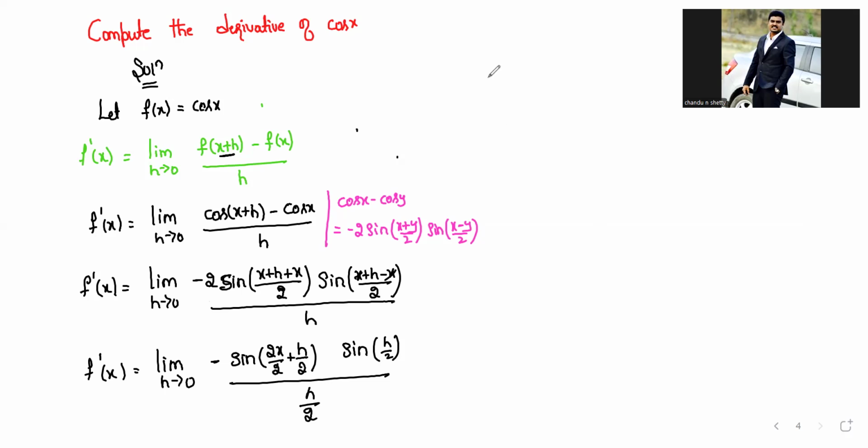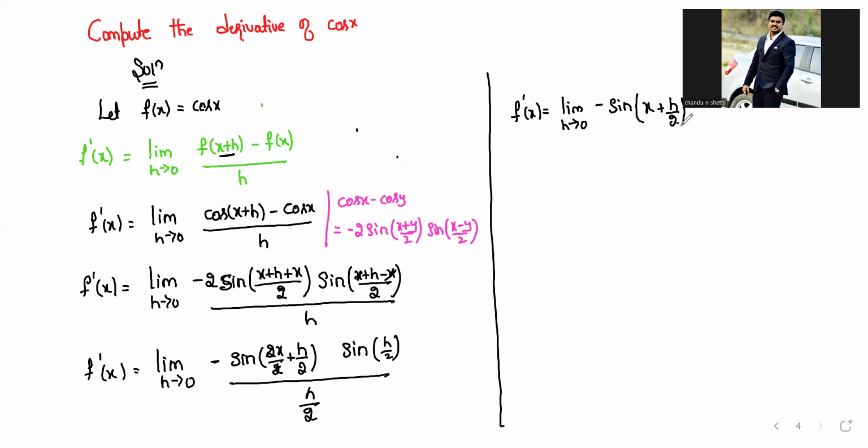Now observe, f dash of x equals limit h tending to 0, minus sin of x, the 2 cancels, x plus h by 2. So again limit h tending to 0, sin of h by 2 by h by 2 will come.